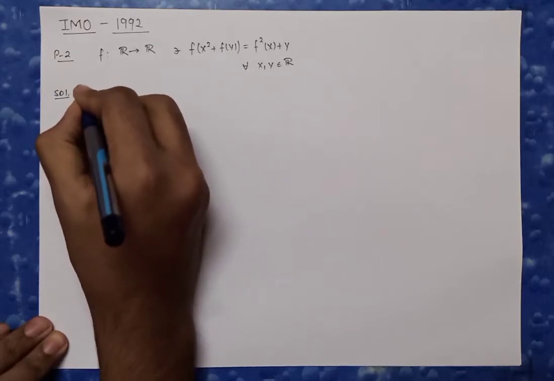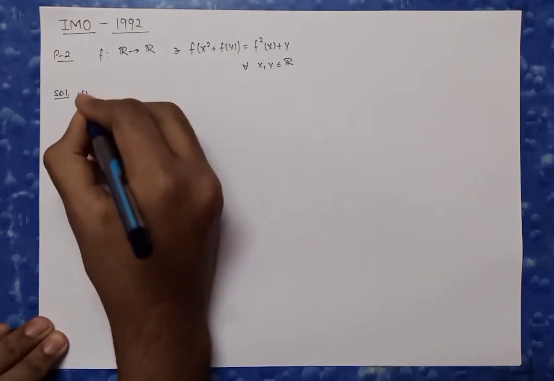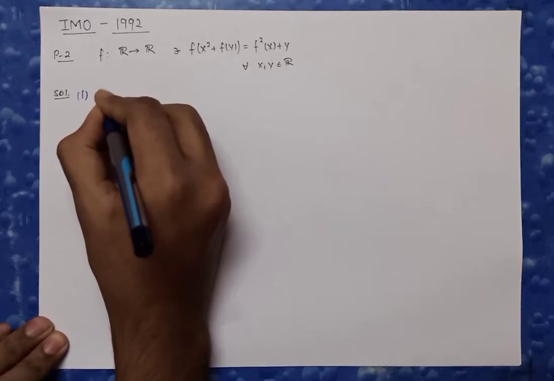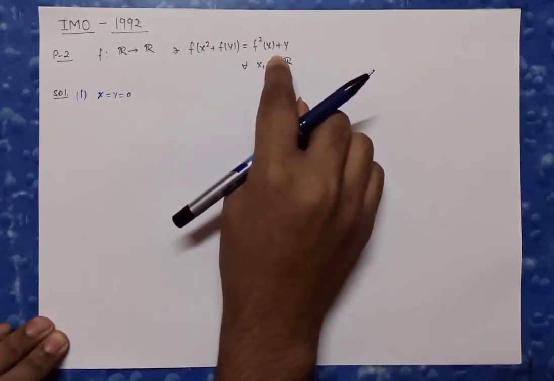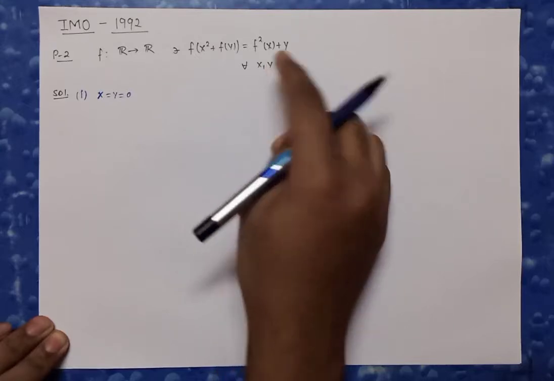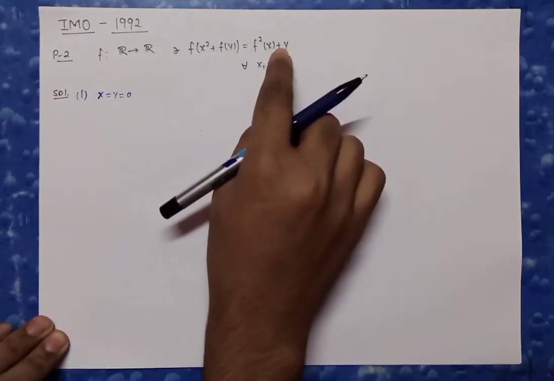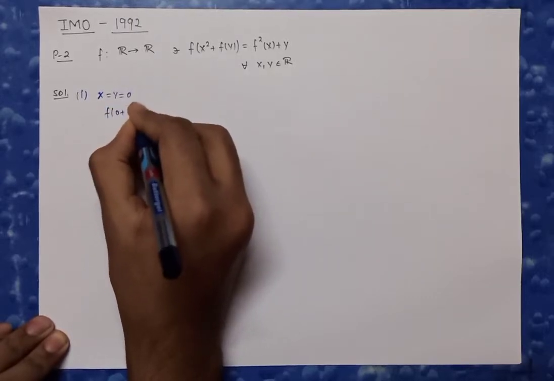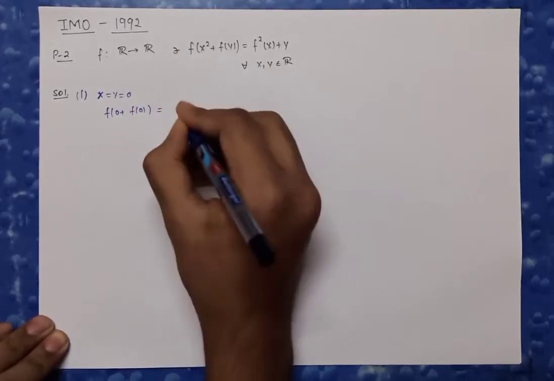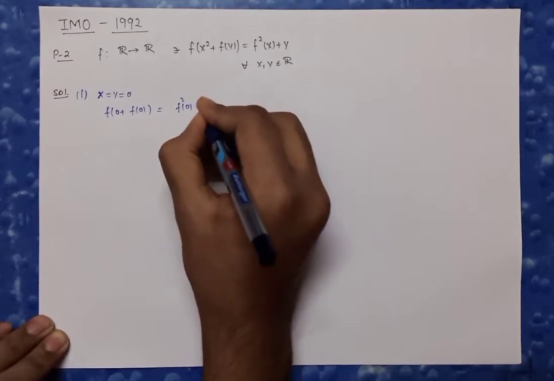Step 1: put x equals to y equals to 0 in the given functional equation, which I call the mother equation. What I will get is f of 0 plus f of 0 equals f of 0 square plus 0.